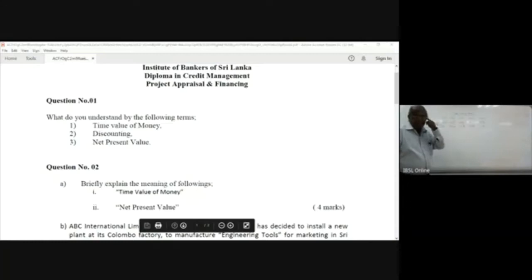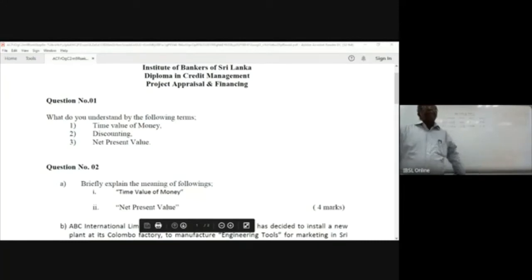This is the definition of time value of money. Once again, while the face value of money remains unchanged, the purchasing value or the real value of the money is getting diminished over a period of time. This is what we call the time value of money.